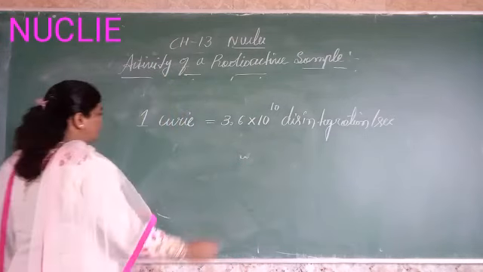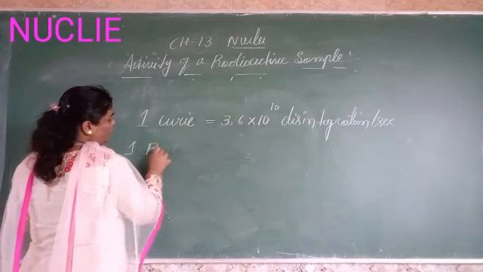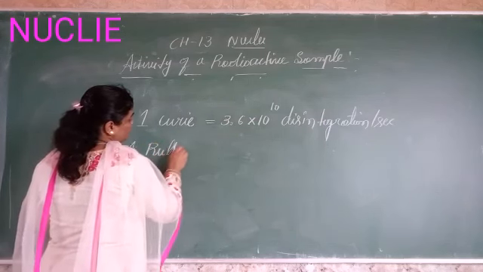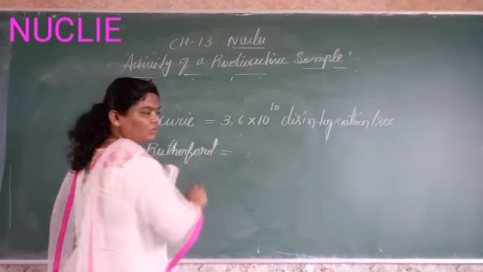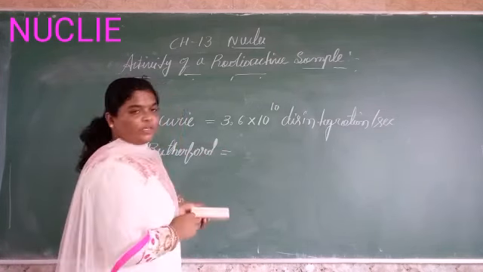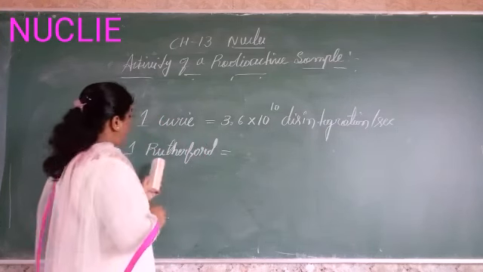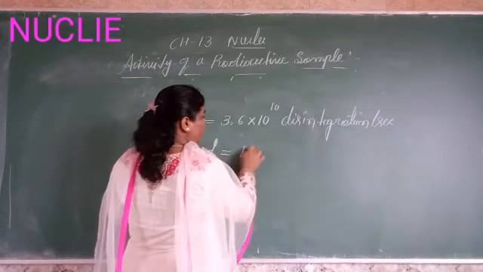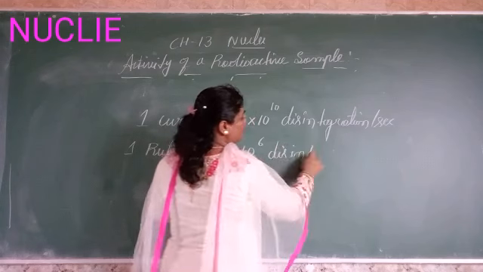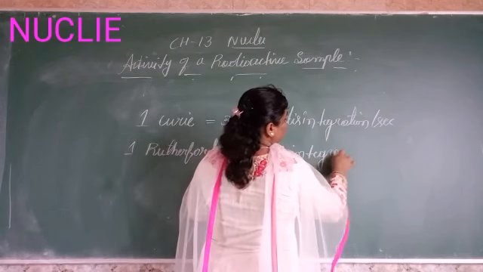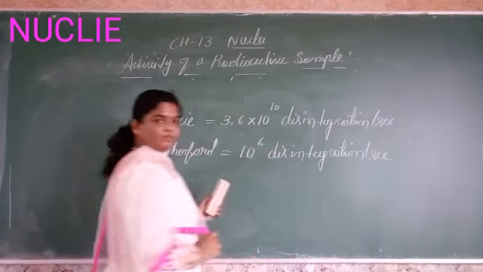The second unit is the Rutherford. 1 Rutherford is also a unit of the activity of the radioactive sample, and 1 Rutherford is equal to 10 to the power of 6 disintegrations per second.